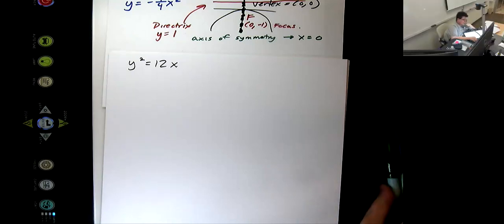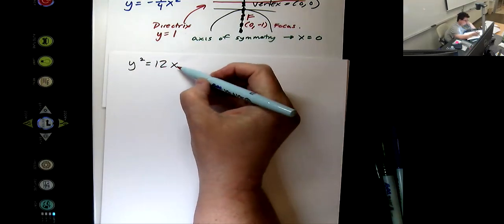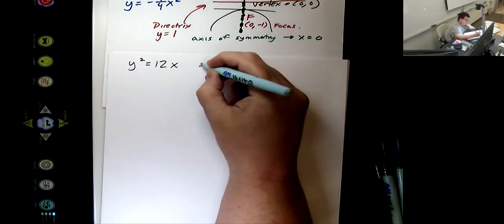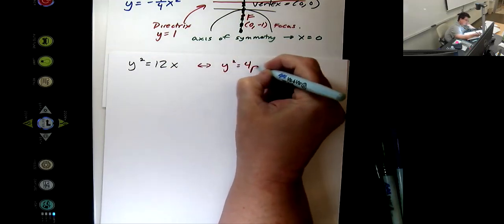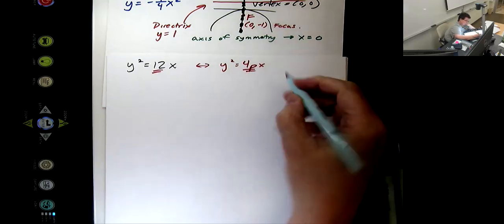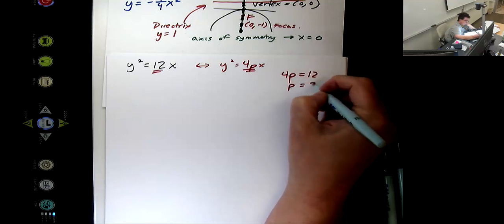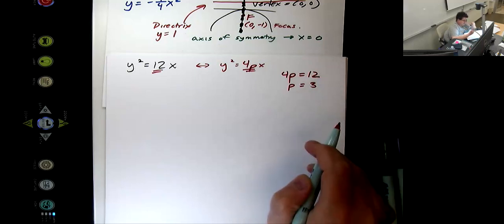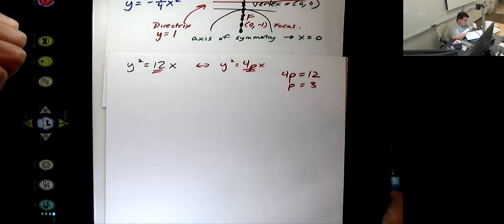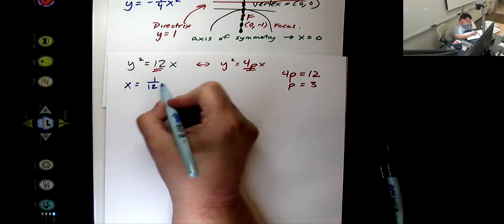Okay, so the 4p goes on the variable that doesn't have an exponent. So we're going to compare this to y squared equals 4px. Which means 4p equals 12, and thus p equals 3. If I were to solve this for x, I would have x equals 1 over 12 y squared.